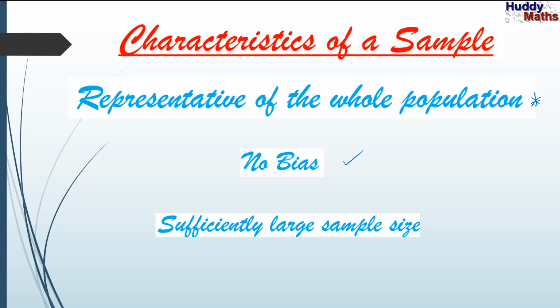Now that's biased. You've got to give each member of the population a chance of being involved without bias. So that's the idea, where you're taking a sample which is somehow favouring one group or another.